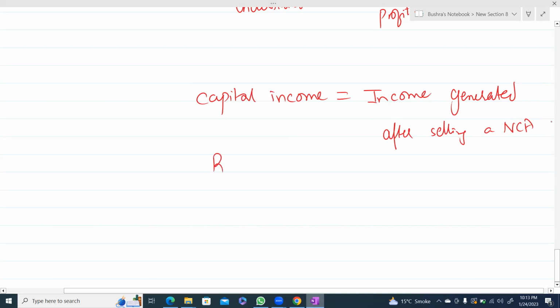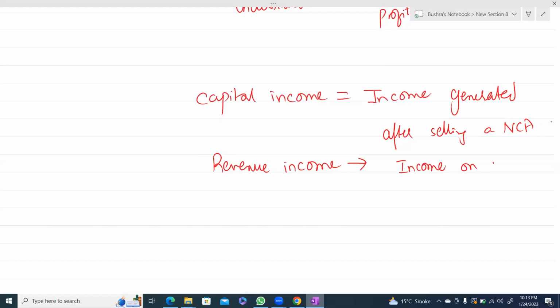And revenue income is the income that you are making from trading operations, income on a daily basis. If somebody bought goods from you and you have earned 50,000 cash, that's a revenue income.